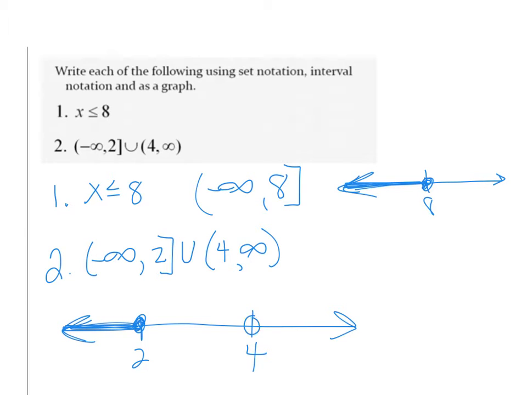But on 4, I'm not going to include 4. And there's a couple ways you could do that. You could do an open circle, which I prefer. Or I've seen some where they actually put a parenthesis here and a bracket there, which means about the same thing. All right, so in set notation, you would say that x is less than or equal to 2 and x is greater than 4, but not equal to. So that's how that works.